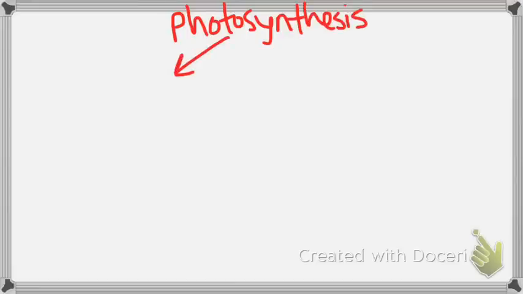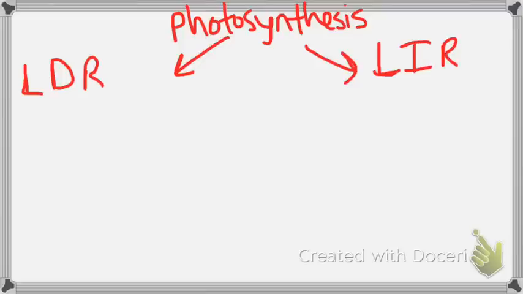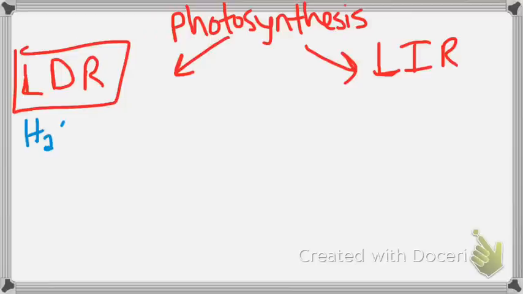We have our light-dependent reactions, which I'm going to abbreviate LDR, and we have our light-independent reactions, which I'm going to abbreviate LIR. So in our light-dependent reactions, we have to have water and light as our two reactants.